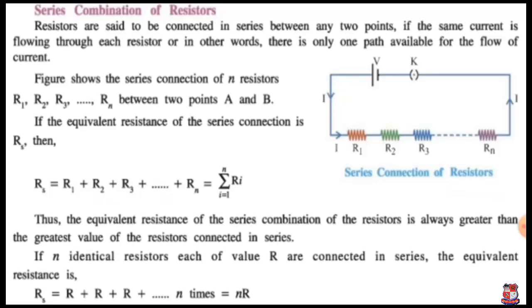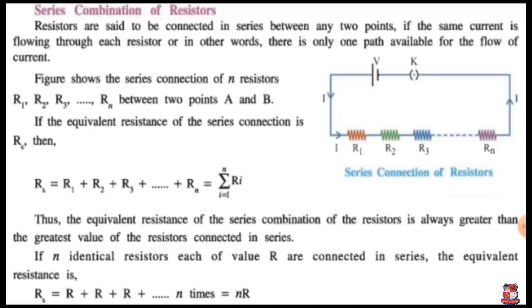So we end up with the equation Rs, the equivalent resistance in case of series resistances, equal to n into R. And according to Ohm's law, the voltage V equals nR into I. So this is the modified Ohm's equation for series combination of resistors.